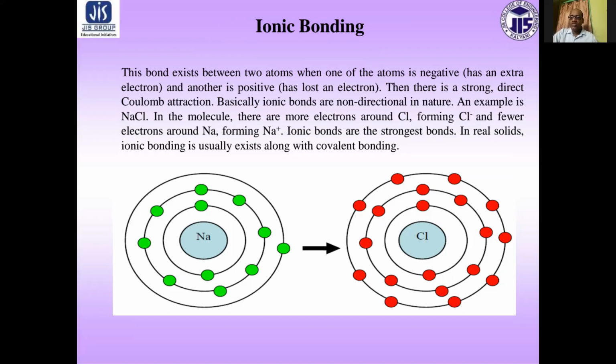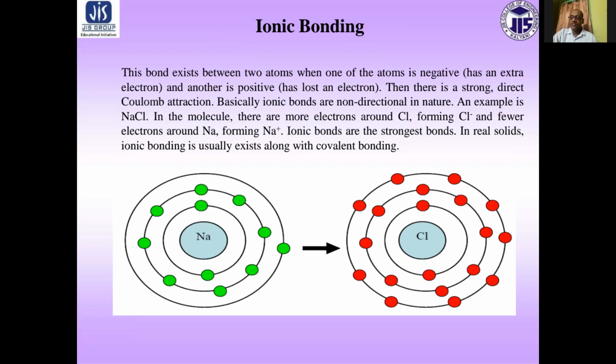So these two, positive and negative, create a direct Coulomb force and they are bonded together. Ionic bonds are the strongest bonds. In real solids, ionic bonds usually exist along with covalent bonds.